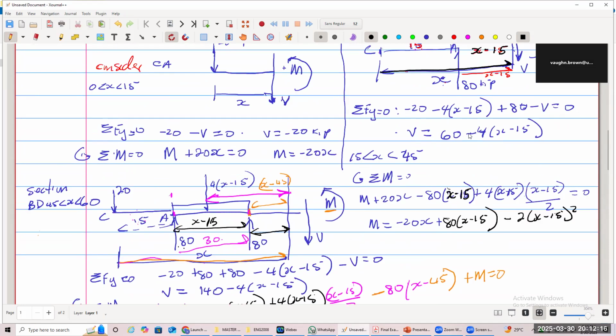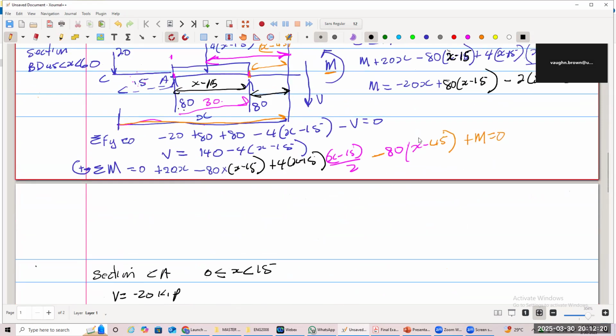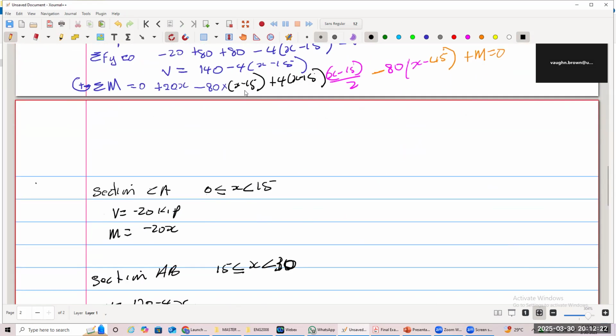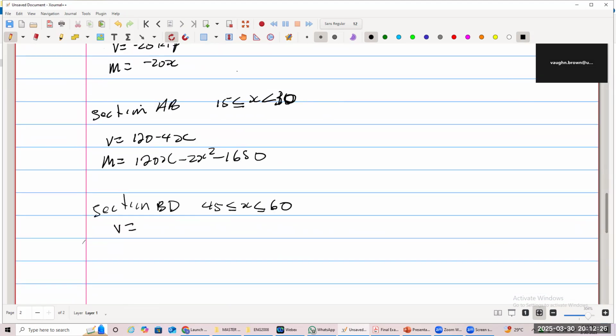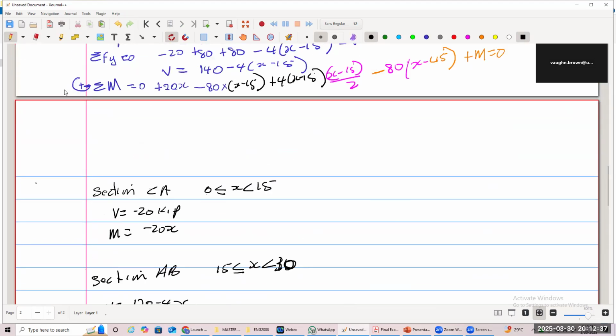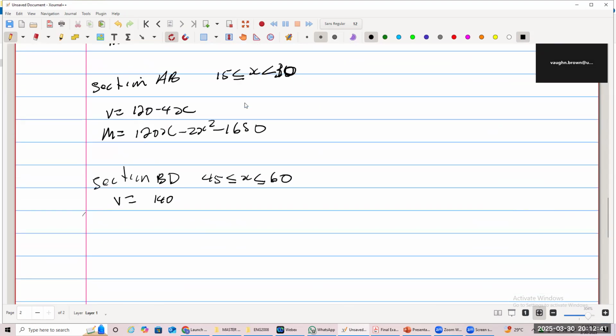All right. And our expression that we got was V equals, what was that expression? Let me just make sure that we write the correct one. See it here? It was 140x minus 15, something like that.